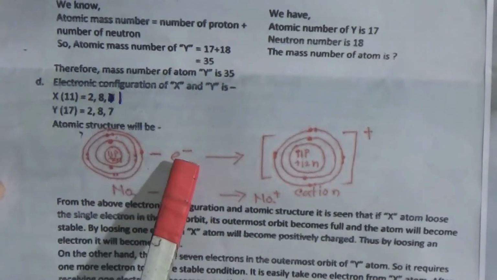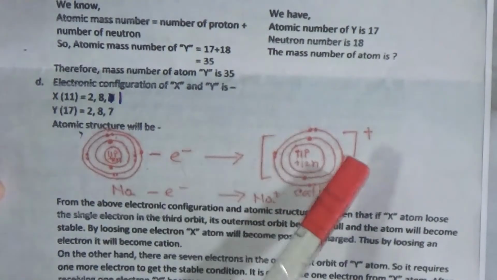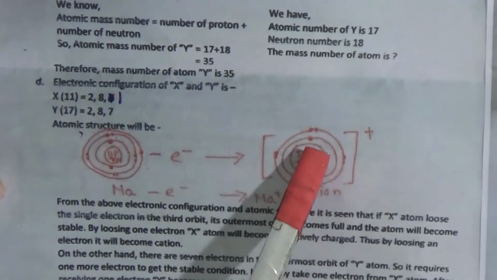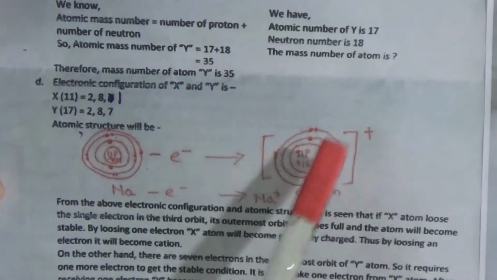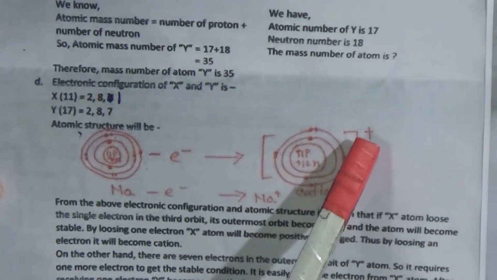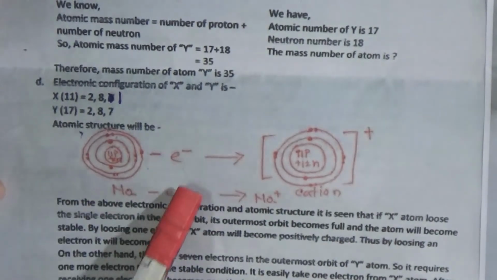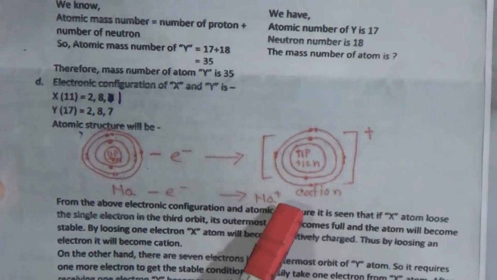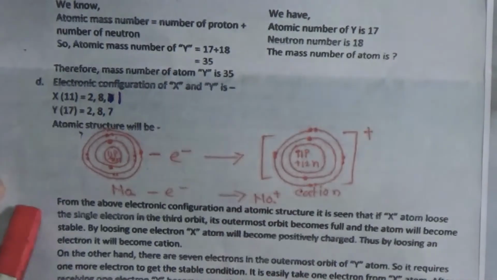It just gives up 1 electron and it becomes only 2 orbits. There are in the first orbit 2 electrons, in the last orbit there are 8 electrons, and it becomes a cation. Then sodium gives up 1 electron and it becomes a sodium cation.